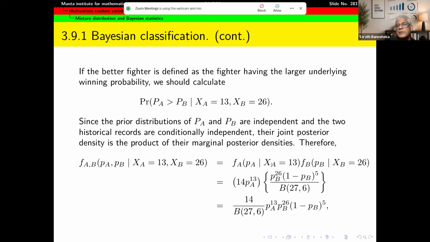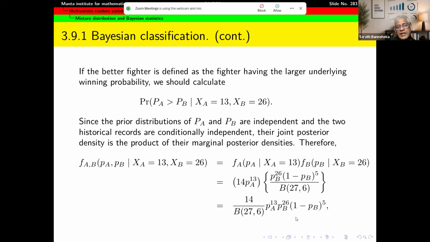Therefore, the joint posterior probability density function is equal to the product of the individual posterior distributions of PA and PB. When we substitute the individual beta distributions that we had, we get this expression. We can simplify it as this expression here. This one is a beta distribution, and this is also a beta distribution. So when we put it down, we get this expression here.